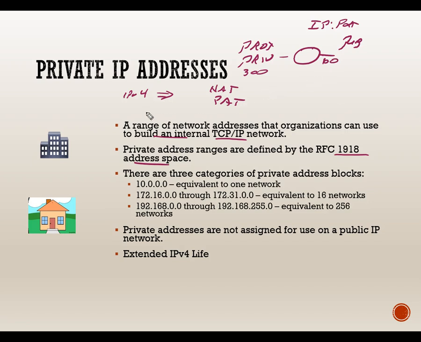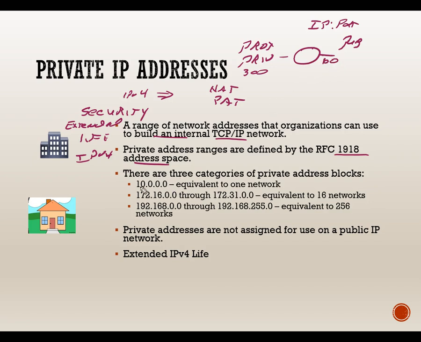So what this has done is gives us some privacy, some security on our protected network, and it has also extended the life of IPv4 addresses, so that we can now have relatively large private networks without having to buy or expend the public IP addresses.